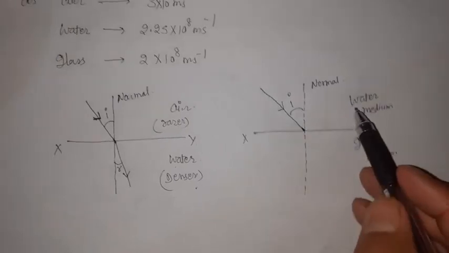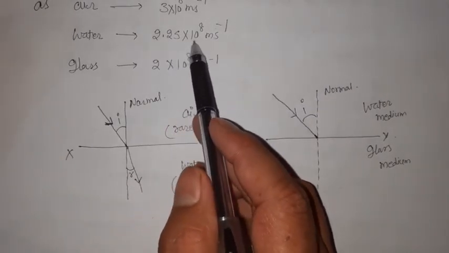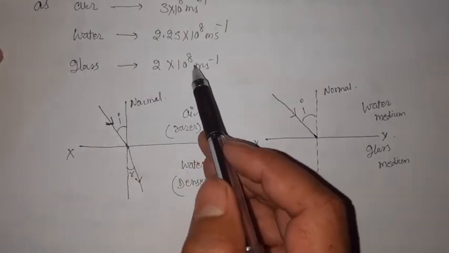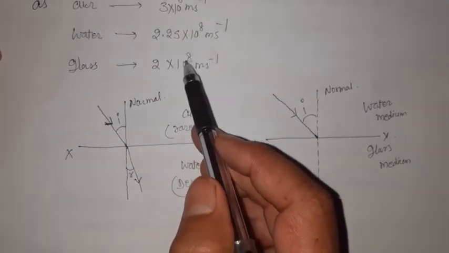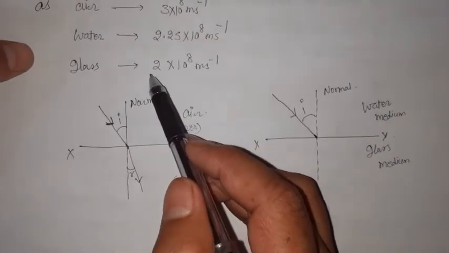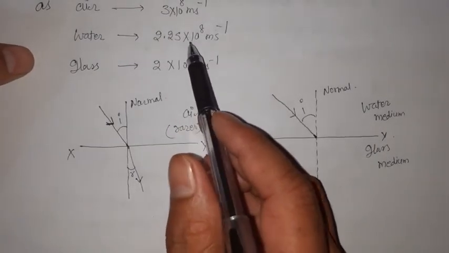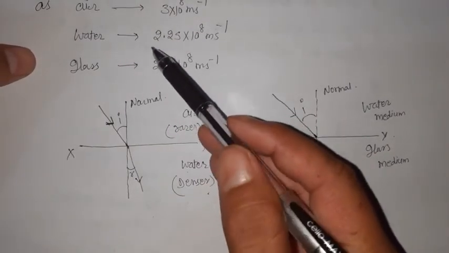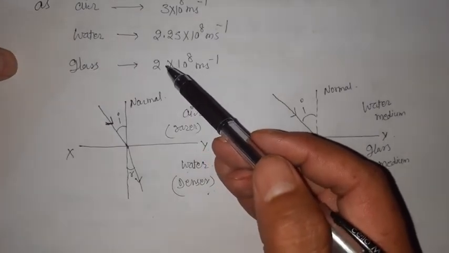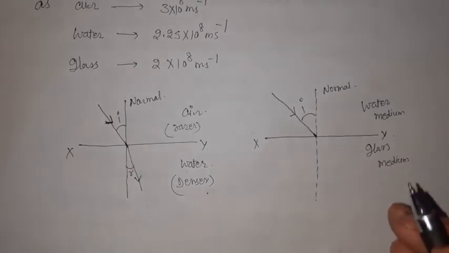Check that in water the speed was 2.25 into 10 to the power 8, and in glass it is 2 into 10 to the power 8. The power of 10 is the same in both cases, but it is 2.25 in water, while in glass it is only 2. So water has more speed of light compared to glass, which means the light speed is going to decrease.